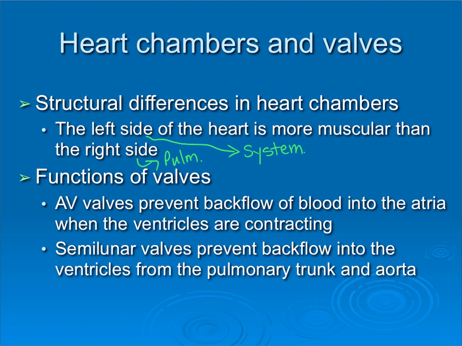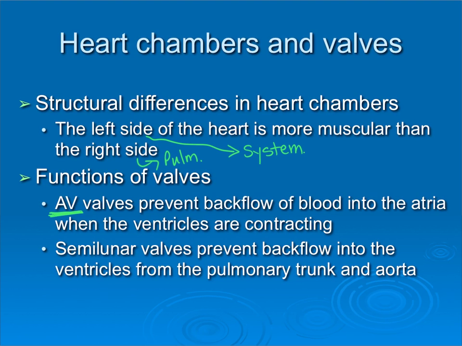So again, I pointed out the papillary muscles and the chordae tendineae that were attached to your atrioventricular valves, or the tricuspid and bicuspid valves. Again, the purpose is that when the ventricles are contracting, they are going to hold tight so blood does not go back into the atria. It doesn't backflow.